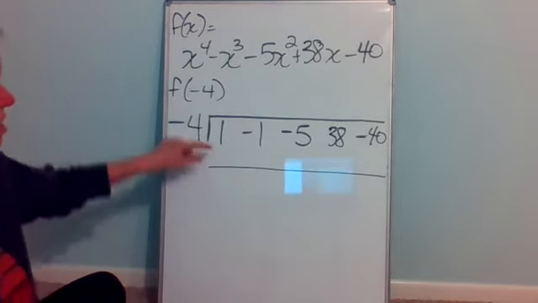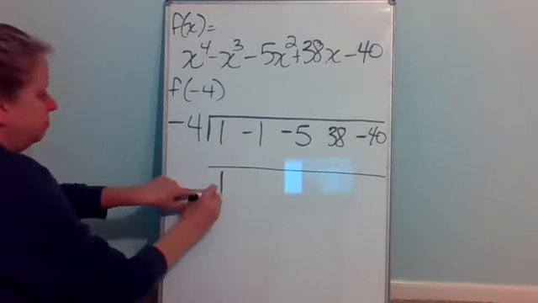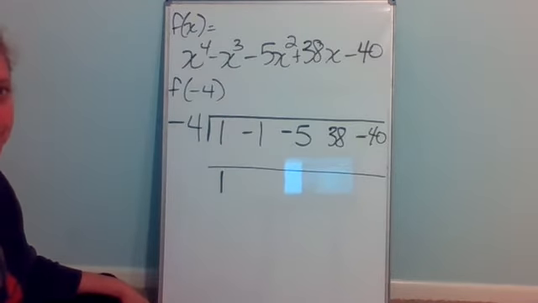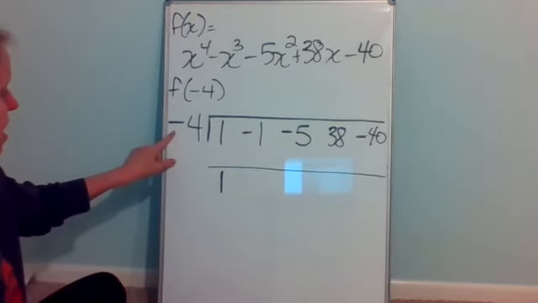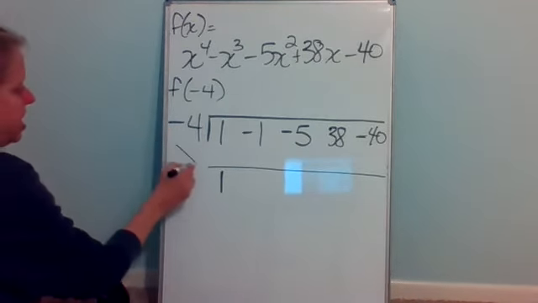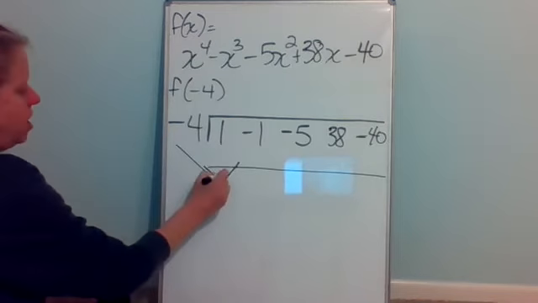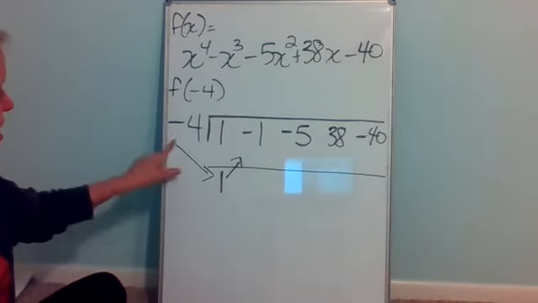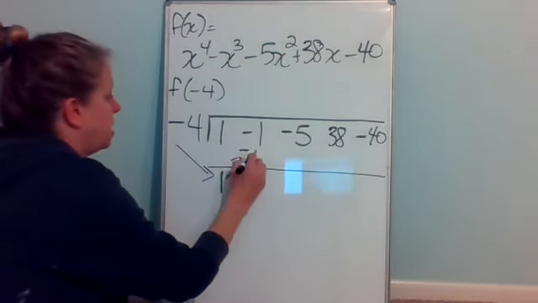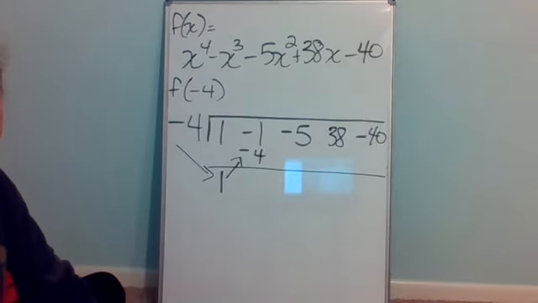Same process, just dropping down your 1. So now, doing the multiplication, -4 times 1, and put your answer there. So -4 times 1 gives me -4.